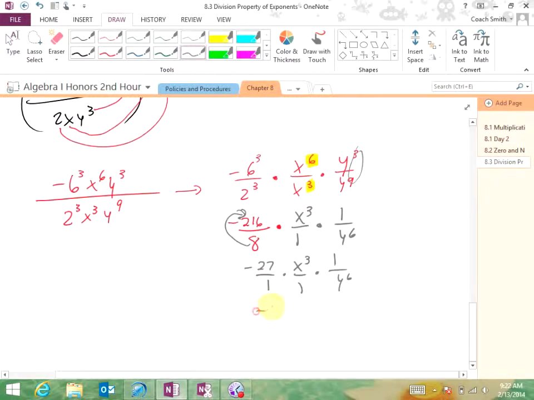And so that gives me negative 27x to the third over y to the 6th, because 1 times 1 is 1, 1 times y to the 6th is y to the 6th.